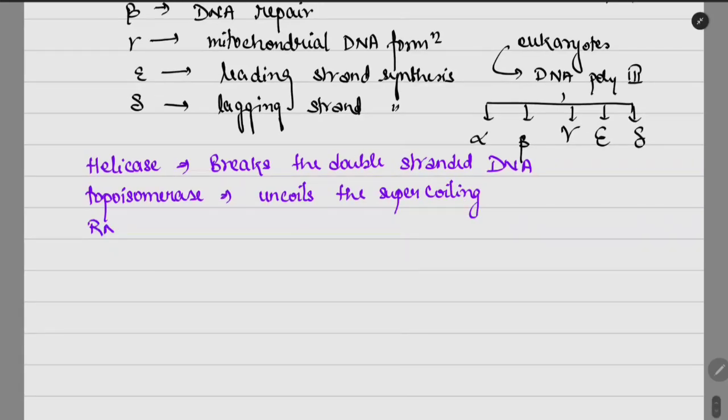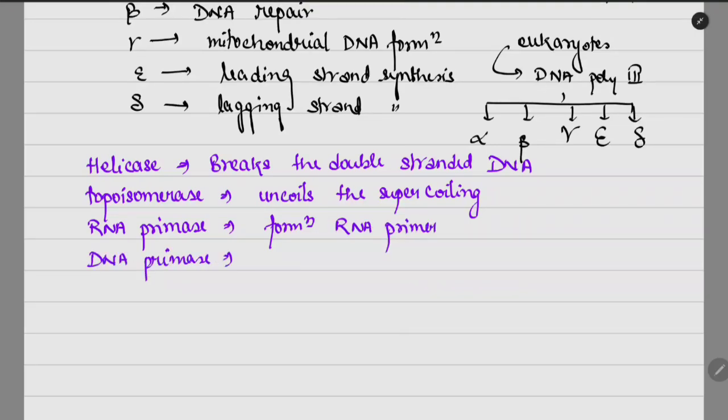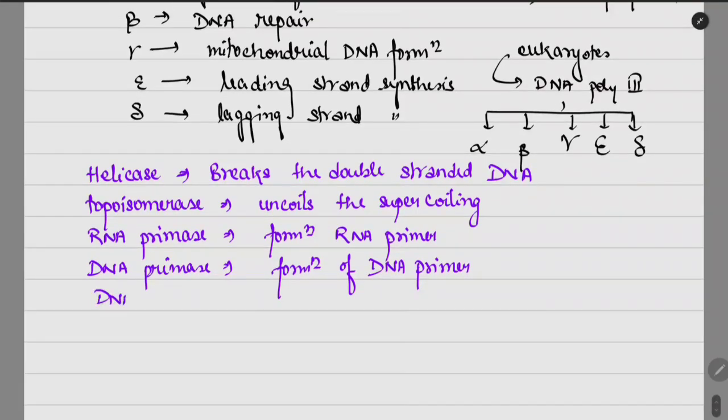Others are the RNA primase, which helps in formation of RNA primer, DNA primase, formation of DNA primer, and ligase. Without ligase, the final attachment of the DNA will not take place. Okay, so this is a very important enzyme also.